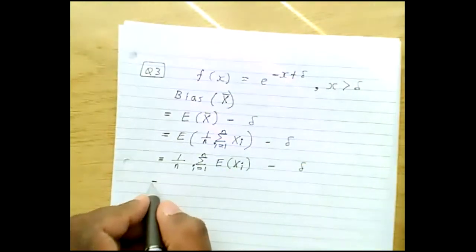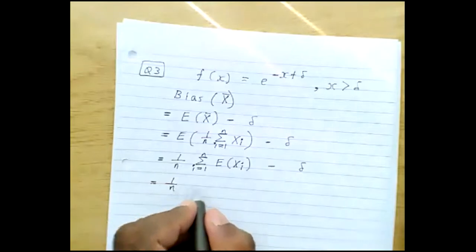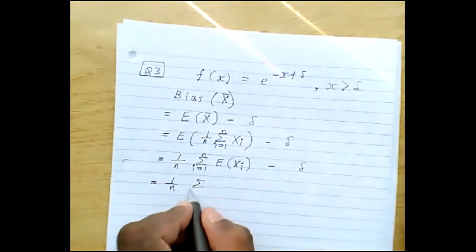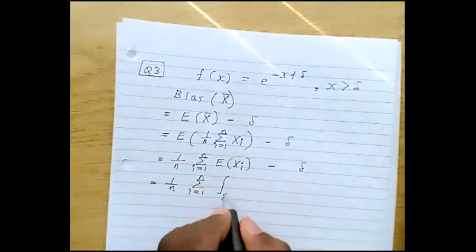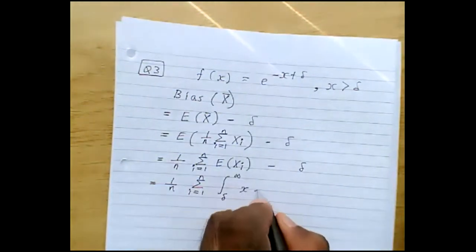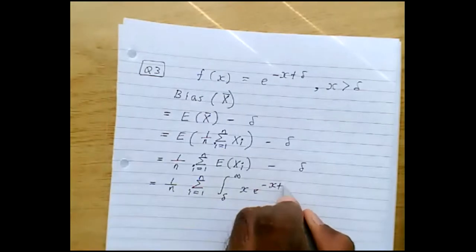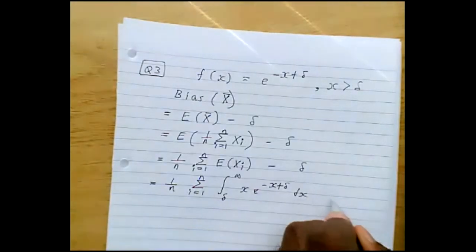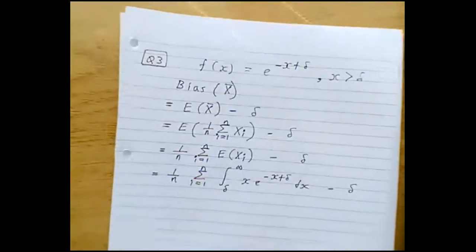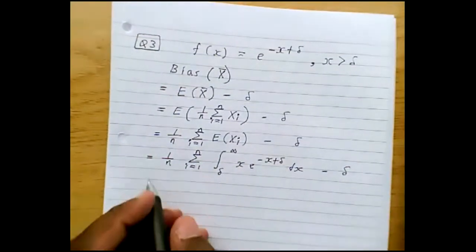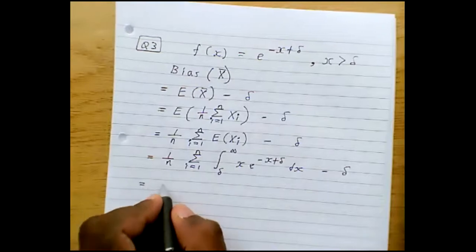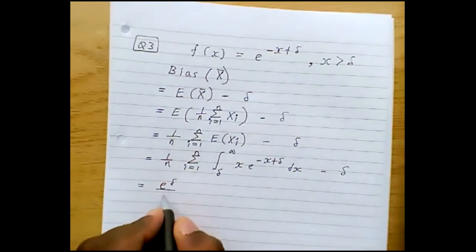So this becomes 1 over n times the sum of the integral from delta to infinity of x times the density. Now delta is a constant, so you can pull it outside. So this becomes e to the delta divided by n.